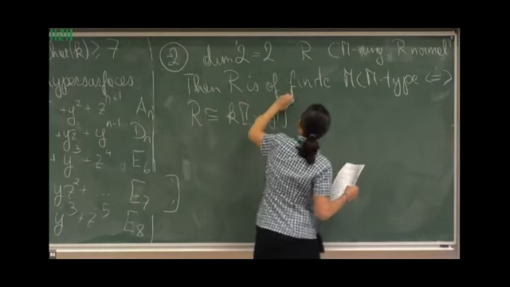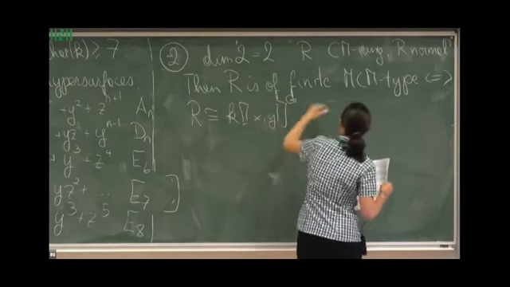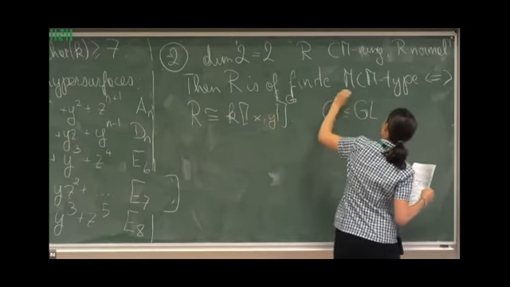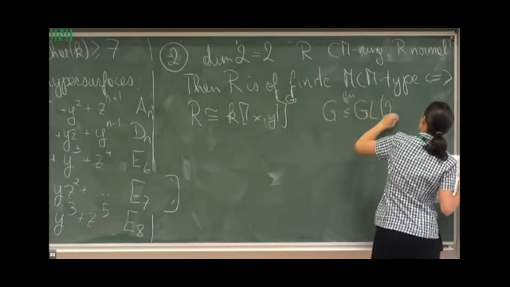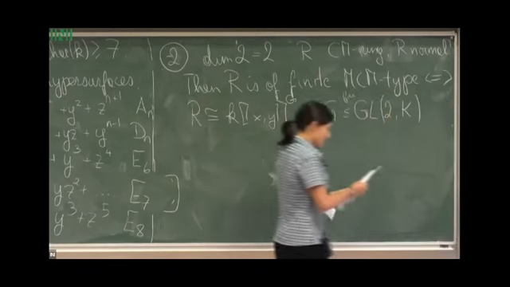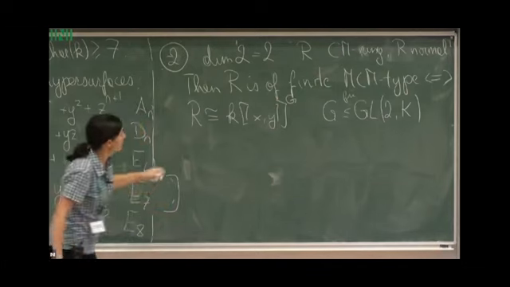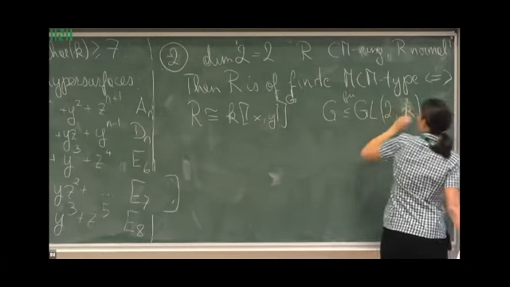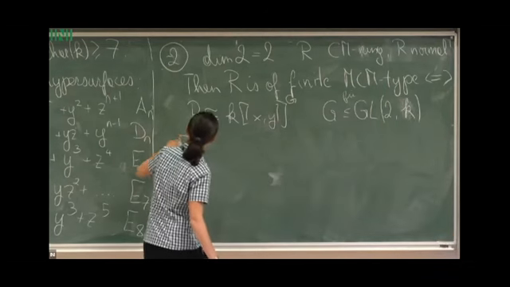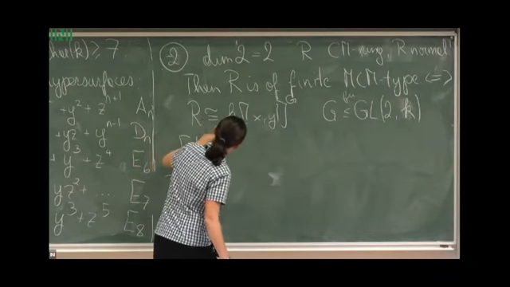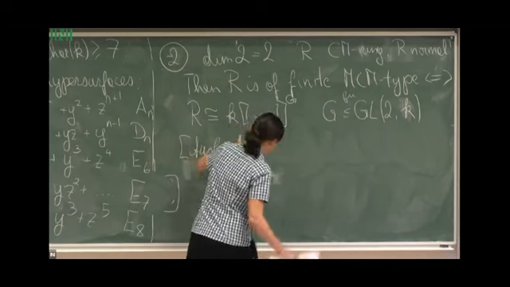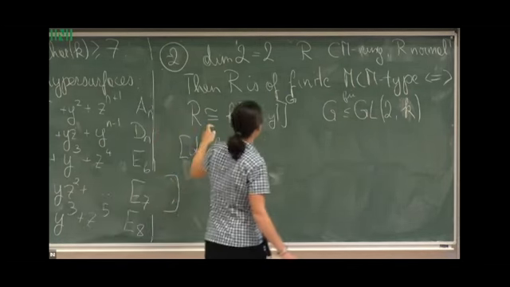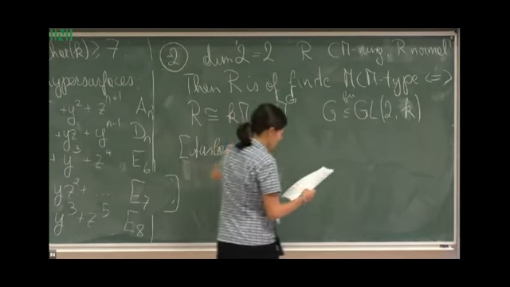under a finite group, where G is some finite group in GL 2 of k. For this result, this is due to Auslander. And there is also a geometric proof of one direction by Hainaut.